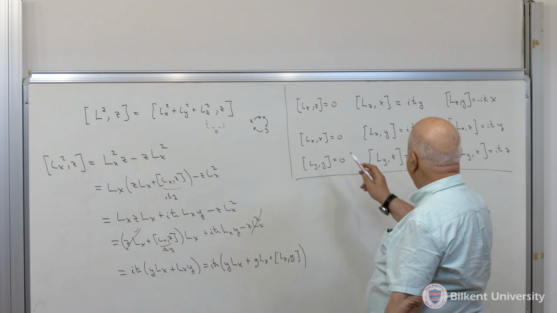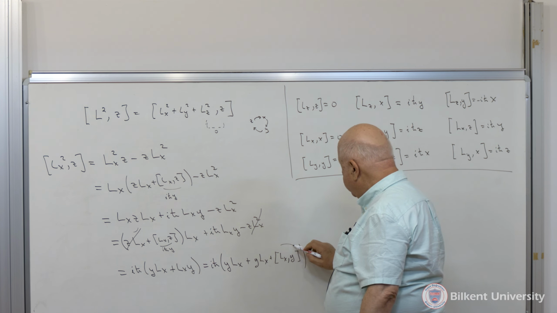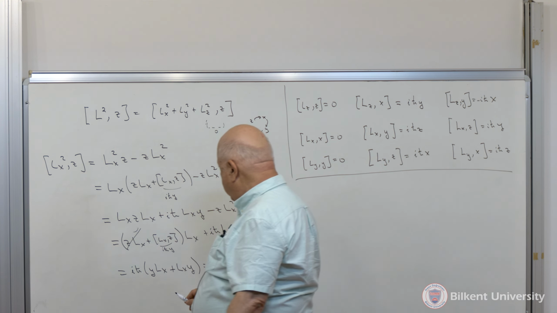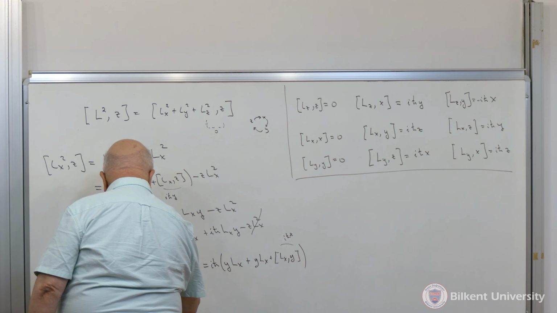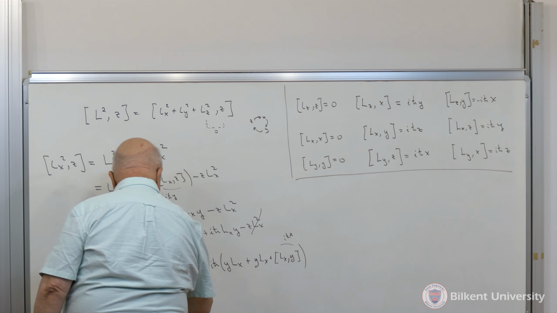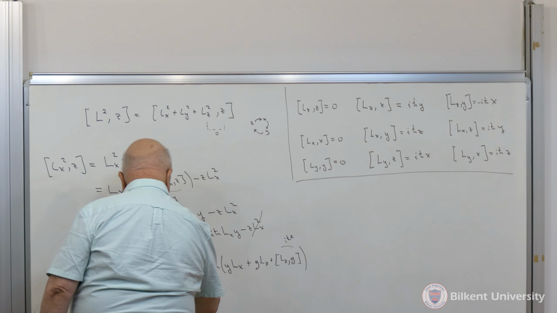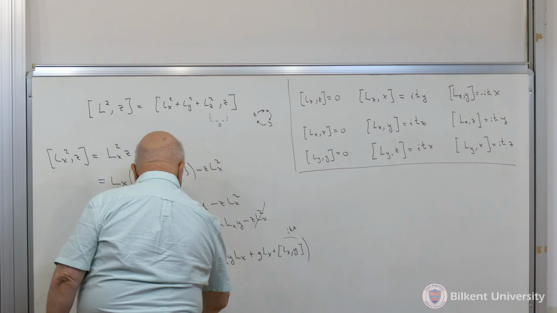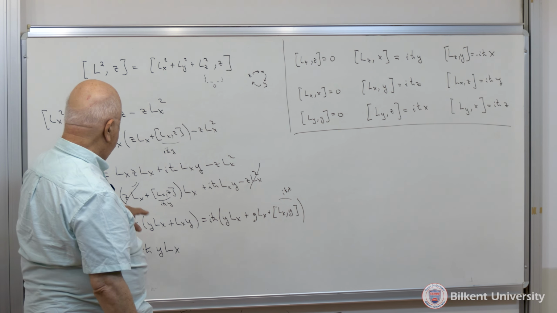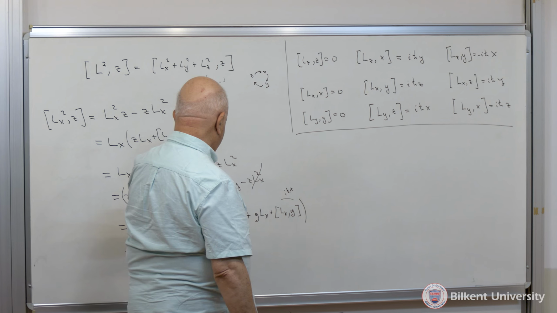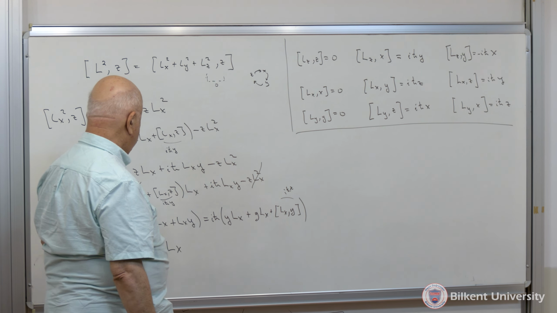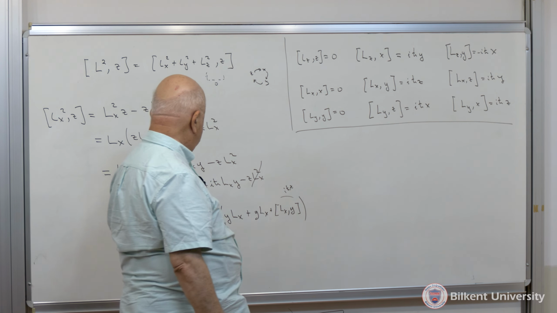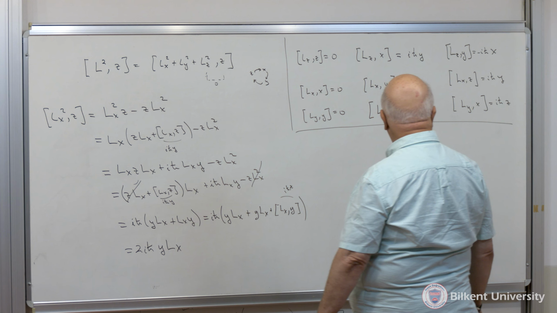And Lx with y is i h bar z. So I end up with 2 i h bar y Lx, and then I have a minus, I don't like the minus, Lx y.